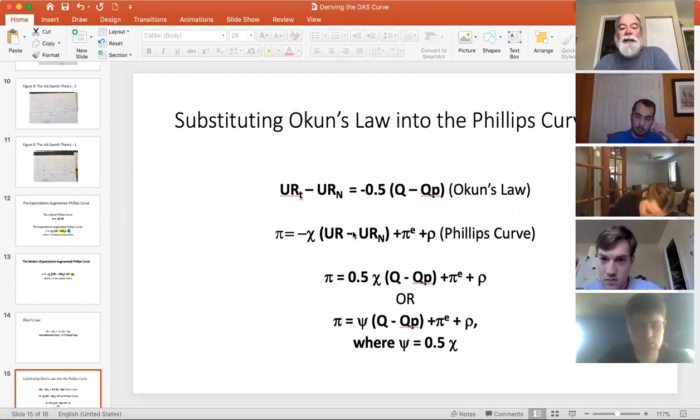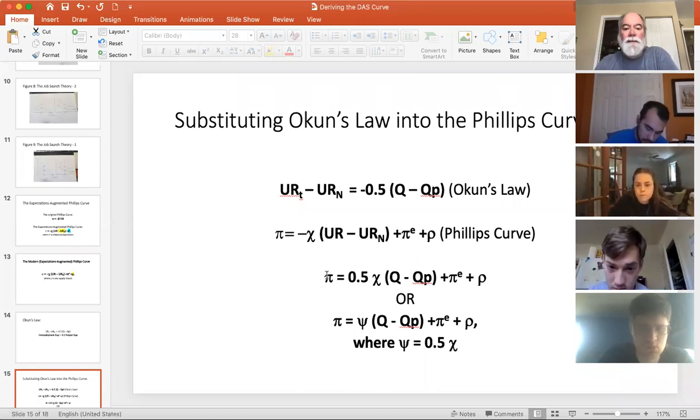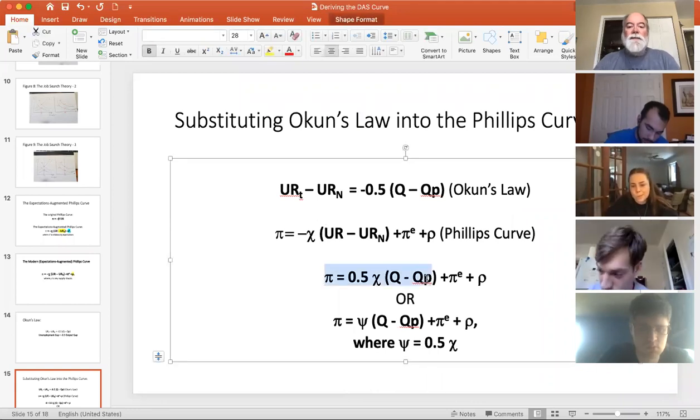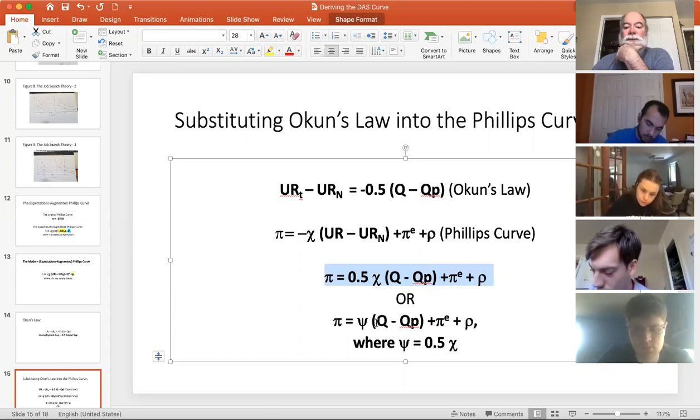And when we do that, we get this equation, okay, which, to simplify a little bit, I turned into this equation right underneath, where this pitchforky thing is just 0.5 times the chi.